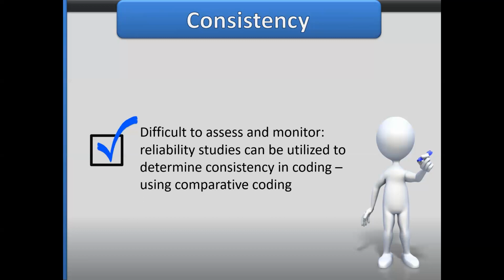A reliability study uses a set of standardized medical charts that are abstracted by registrars. The results are then analyzed. Because the registrars are coding from the same medical record, differences in coding can be readily detected. At that point, education and training can be targeted for those areas in disagreement.